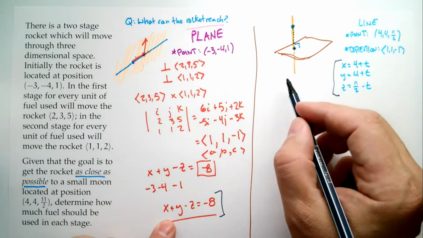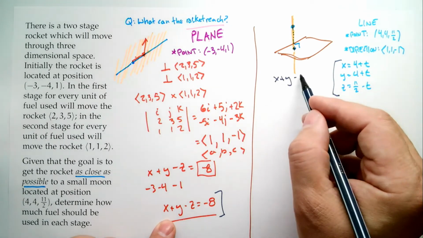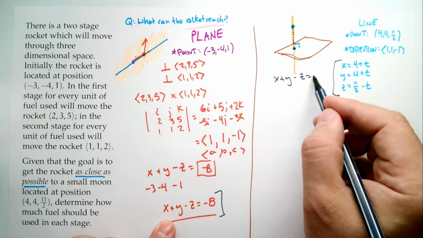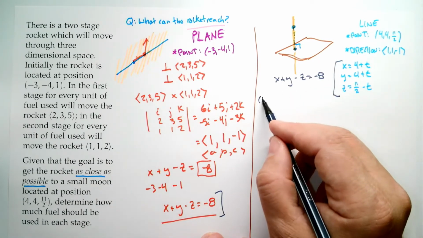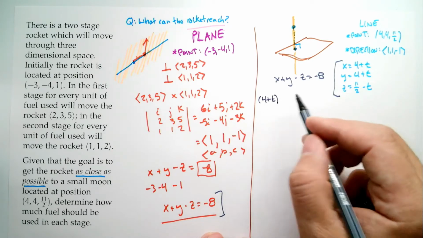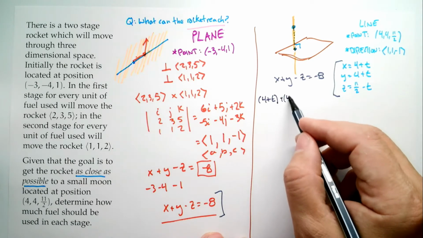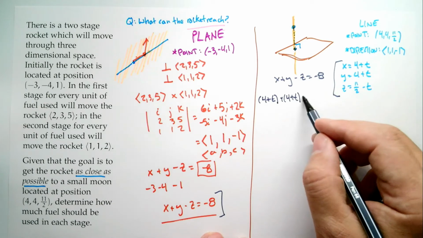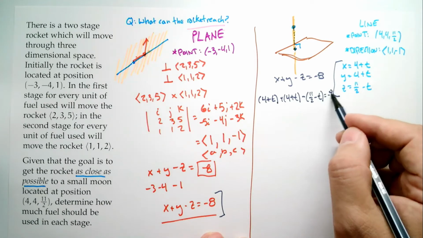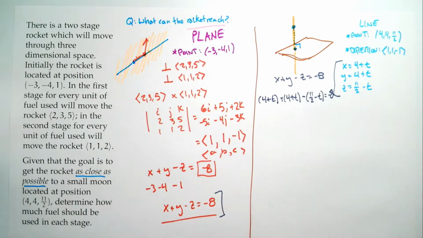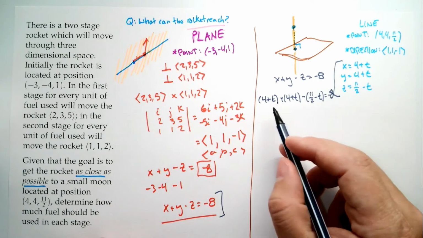And if we do that, so I'll just write this equation again. x plus y minus z equals negative 8. So we're plugging these in. So we're going to get 4 plus t plus 4 plus t minus 11 halves minus t equals negative 8. All right. And if we do that, what do we get?